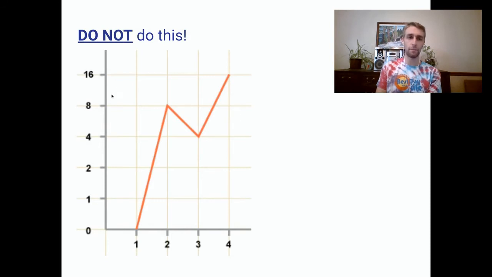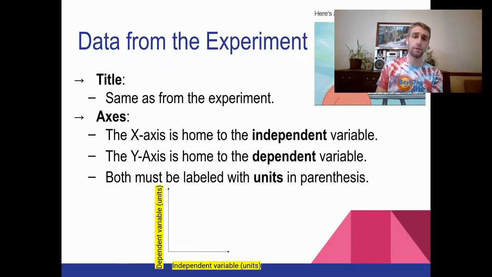So this gap up here increases by 8, but this gap down here increases by 1. This gap increases by 2. It's all over the place, which means something that looks like a straight line or a curved line may not actually have that relationship. So be careful when you're making your graphs not to do that.